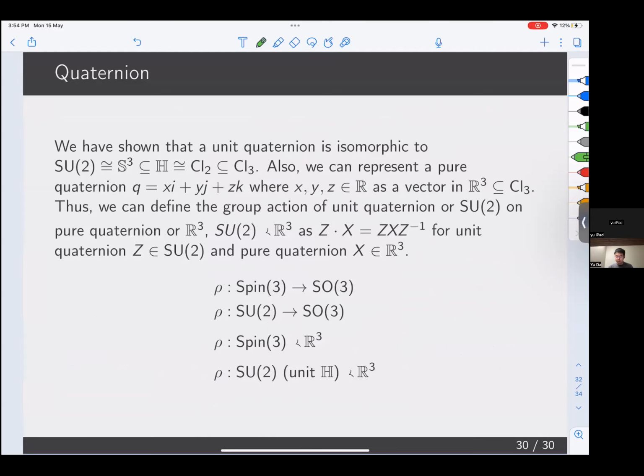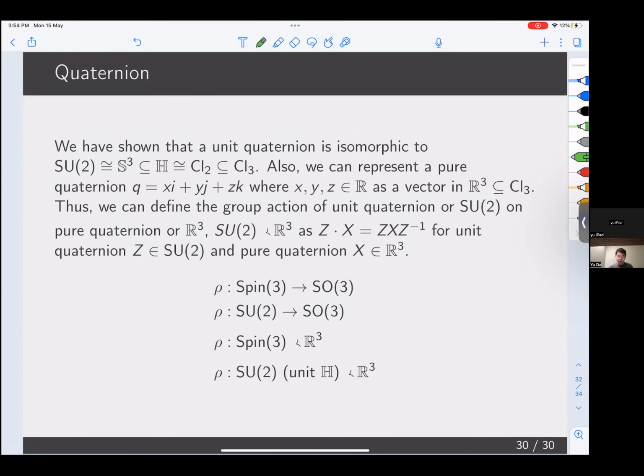Just to conclude, we've seen that if we apply a unit quaternion Q on a pure quaternion P by Q P Q inverse, we can get the universal rotations in 3D.